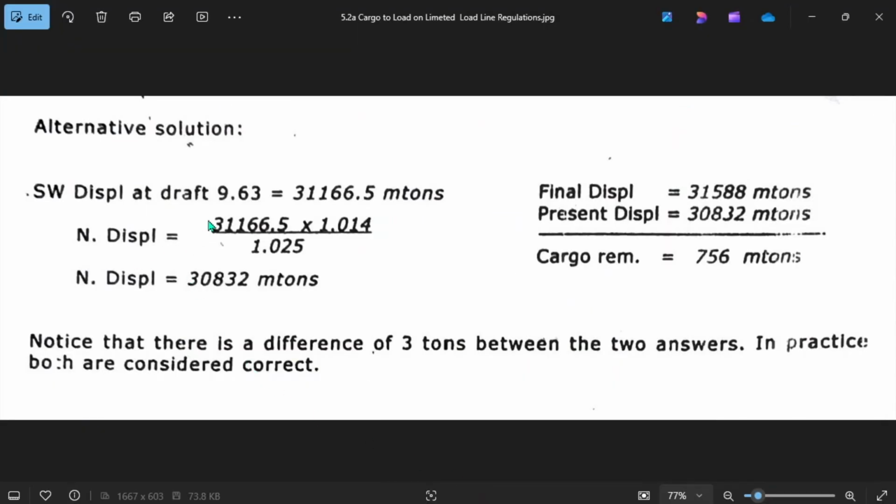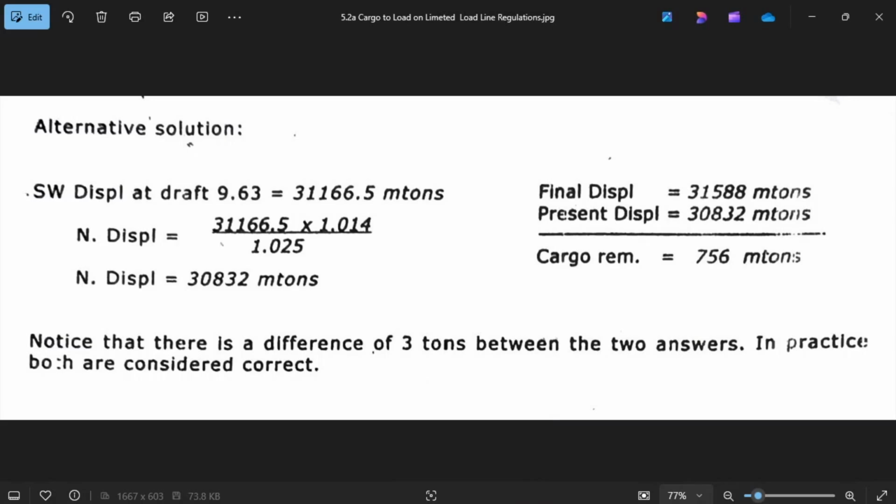Remember, this is where the chief officer and the draft surveyor are making a draft survey. So this is at salt water. Salt water is 9.63.